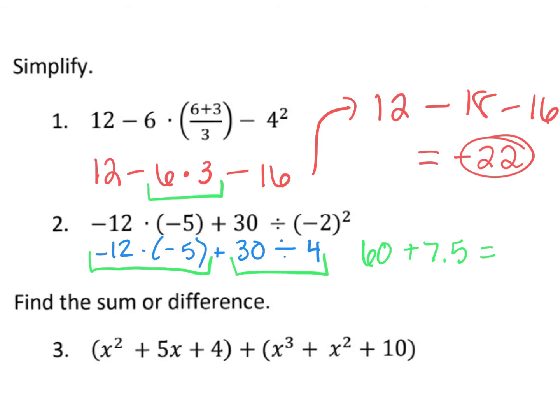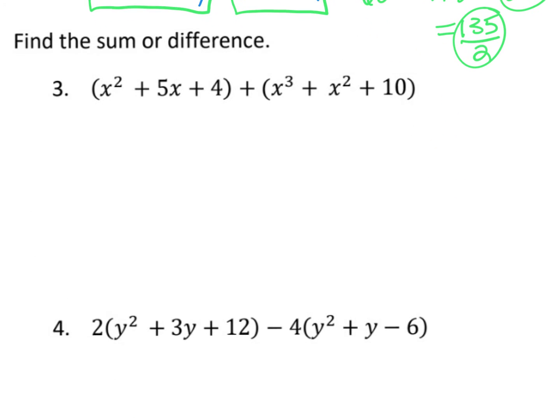So your final answer should be 67.5, which I believe some of you got as a fraction. So if you got it as a fraction, that would be 135 over 2, but either one of those would be correct for number 2.